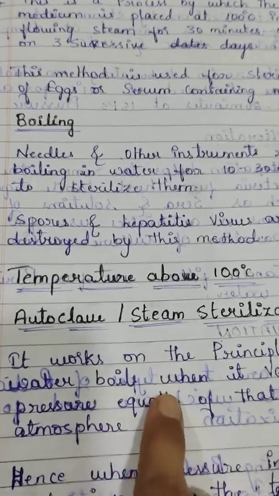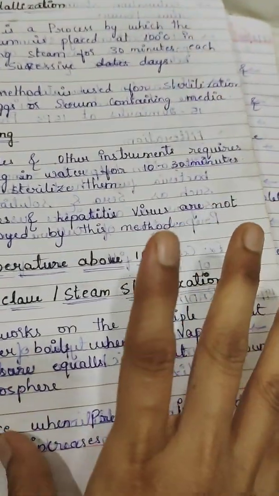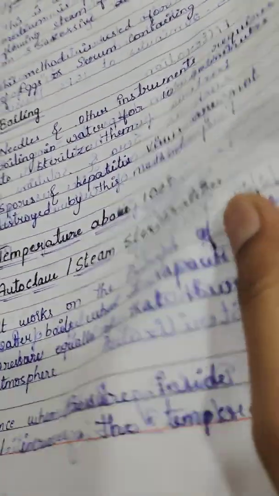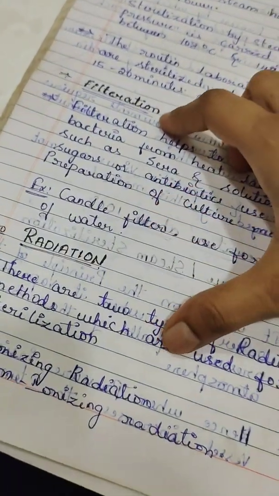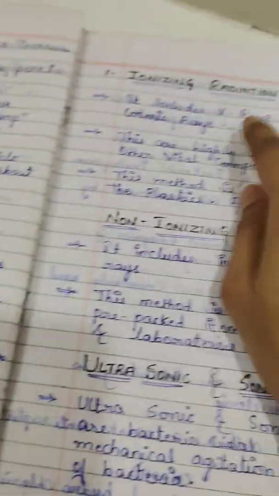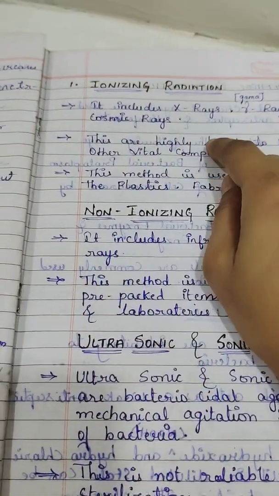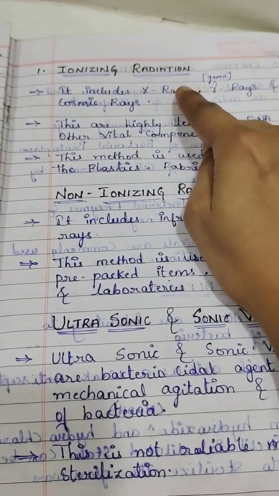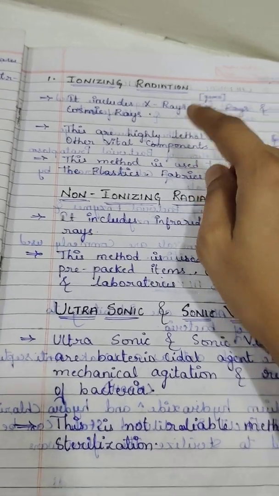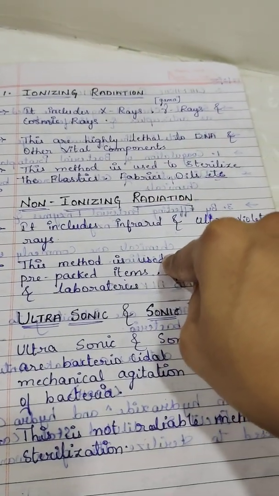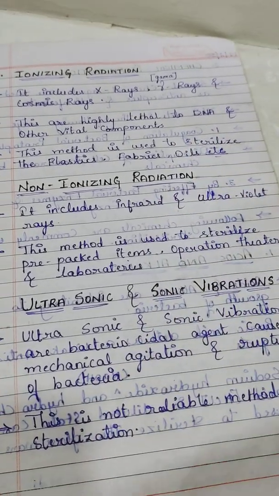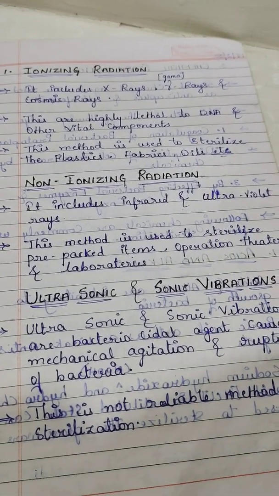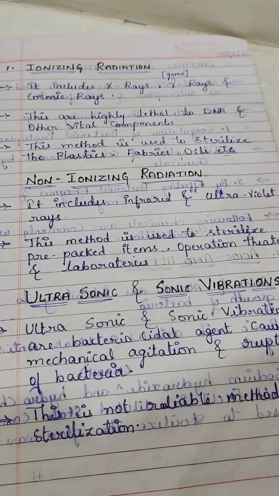And temperature above 100 degrees we have autoclave or steam sterilization, filtration, and radiation. Under radiation we have two types: ionizing radiation and non-ionizing radiation, and ultrasonic vibrations. These three.